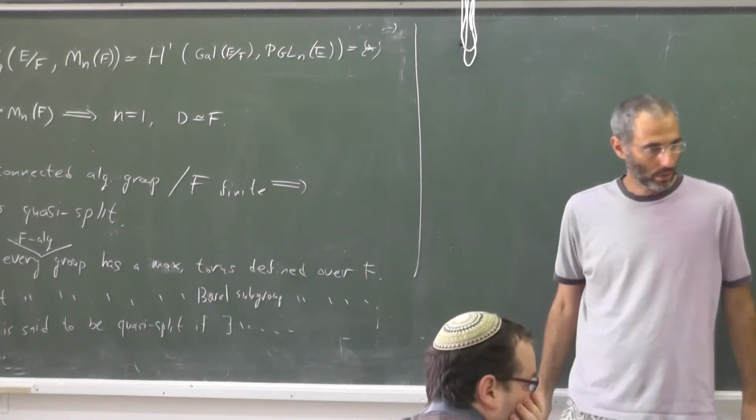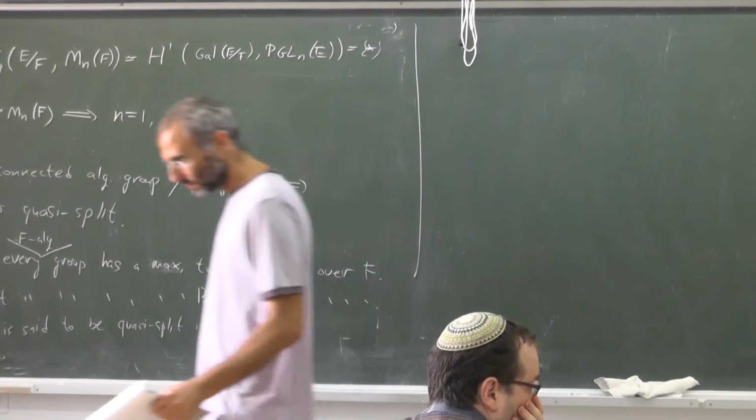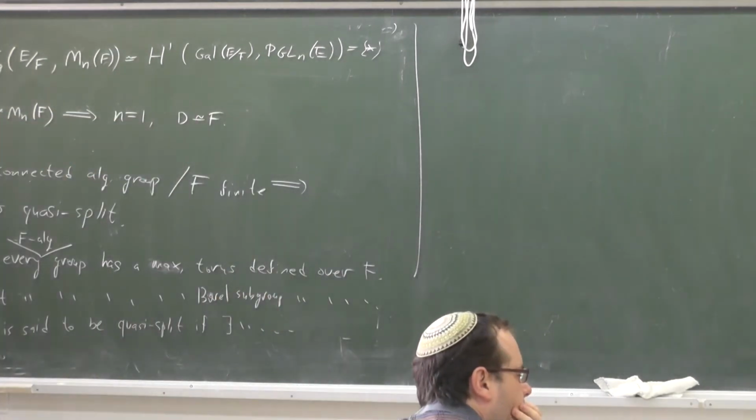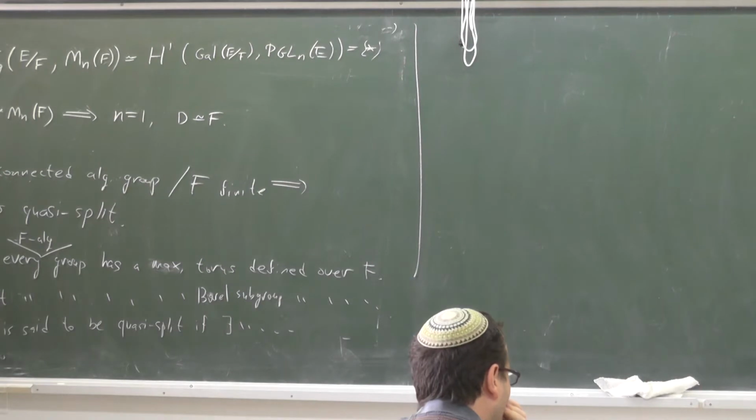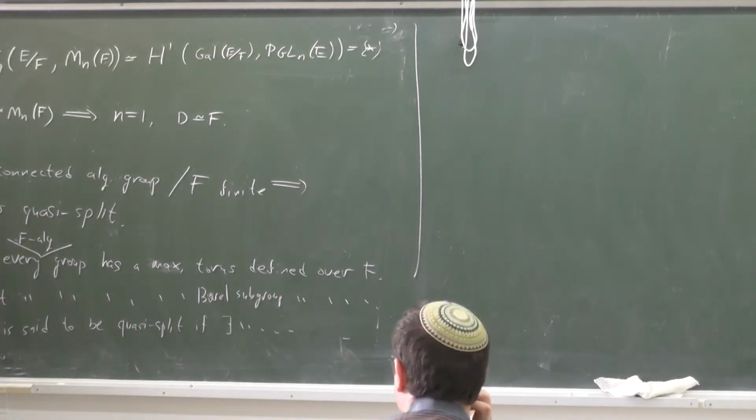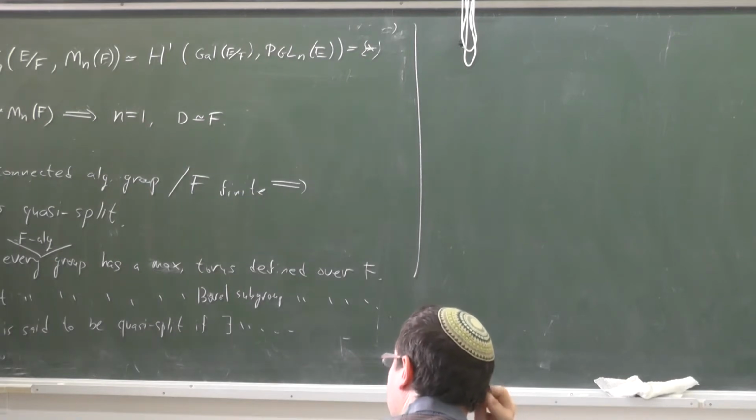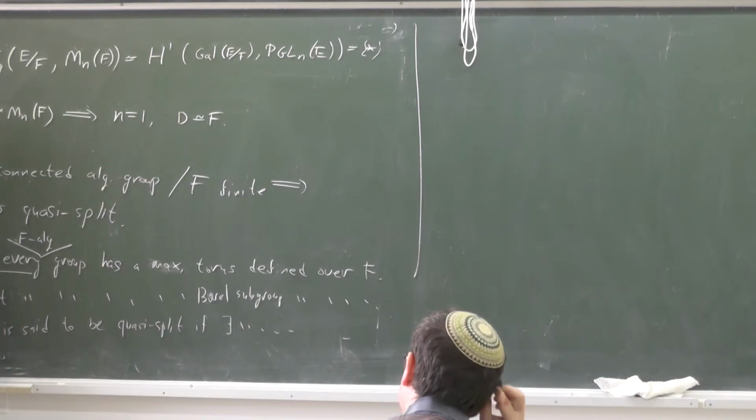No, but I'm confused about that too. Didn't you just say, when you say an algebraic group is K-split or F-split, what do you mean? You mean that the maximal torus is defined over this field? So, no. So this was the first part, just for two reasons.